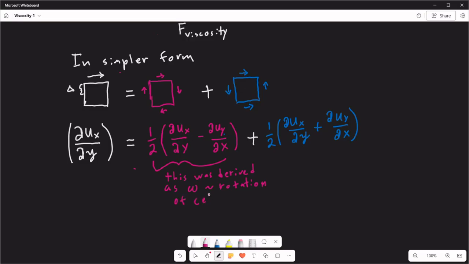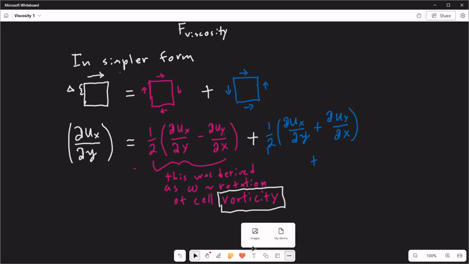So this goes like the rotation, which is the vorticity. Whereas this is the shear.